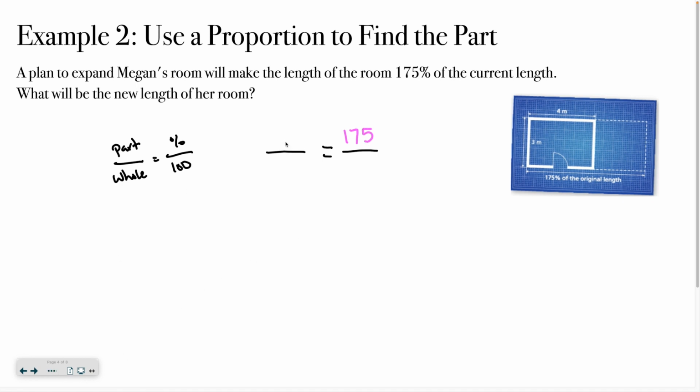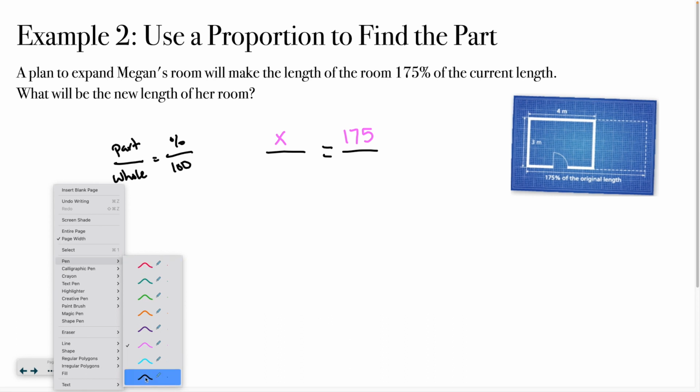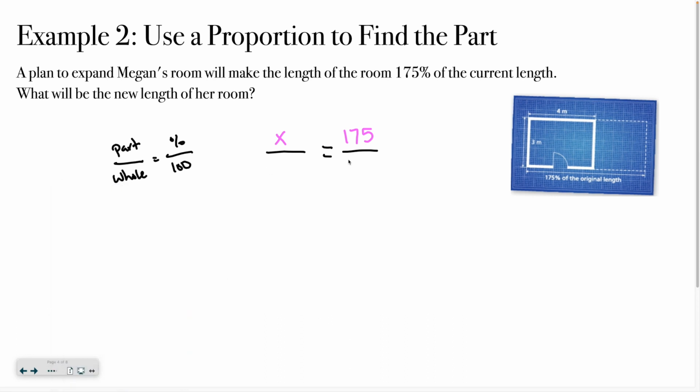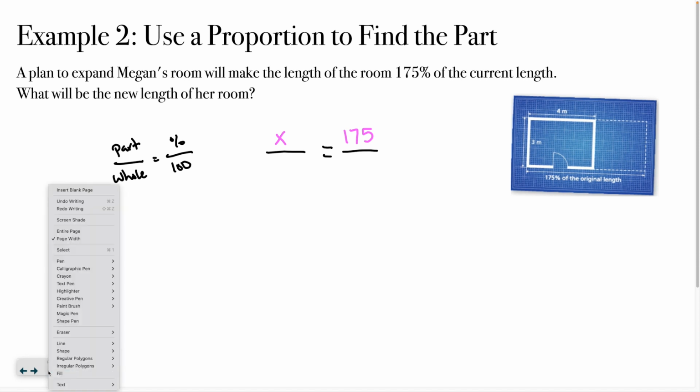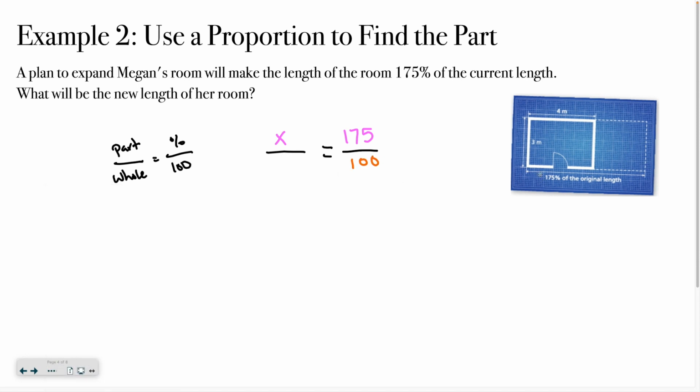And we are trying to figure out, well, what is her new room length going to be? Oops, wrong color. I'm trying to stay consistent with the color coding for you guys. Okay, so if I look at this drawing over here, I can see that the original length is 4 meters.